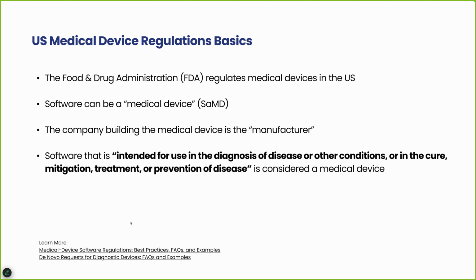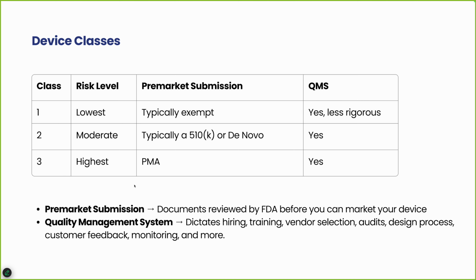But once you've determined that your software is a medical device, the next step is classifying it. For the most part, diagnostic AI is a class 2 device, which means that you'll need to do a pre-market submission and establish a quality management system. There are a number of other regulations that you'll need to comply with, but these are the big ones.